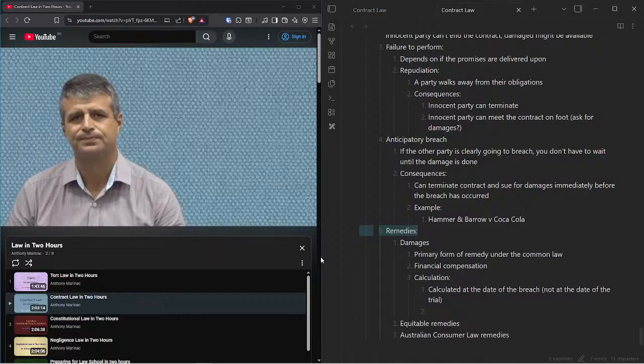Imagine if, as a landowner, you had put all your money into building the house, and you couldn't afford to keep, you didn't anticipate that you were going to have to rent for another couple of years while it gets sorted out in the courts, because you had anticipated, there was in the contract, that the builder would be done by a certain time, that the house would be ready to live in by a certain time.